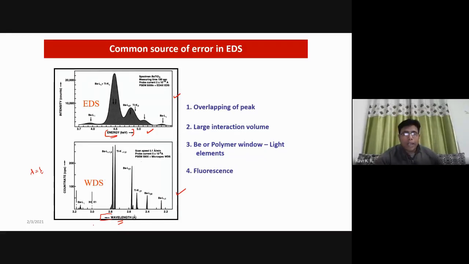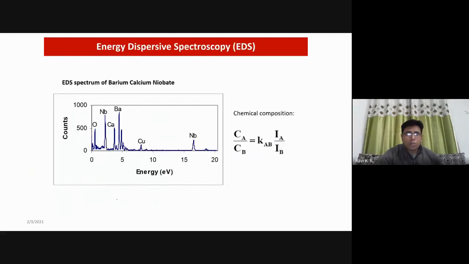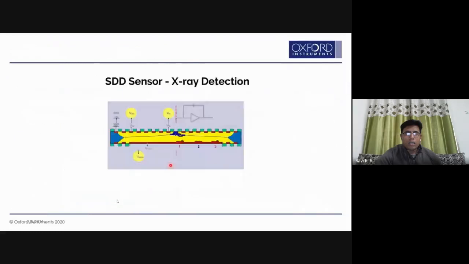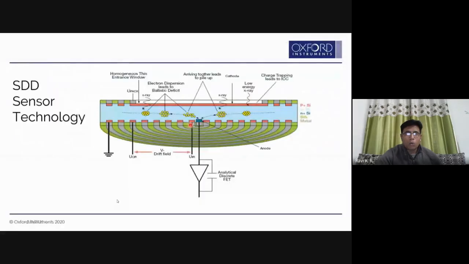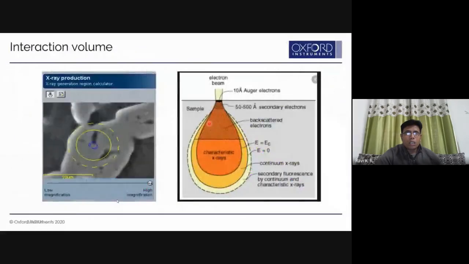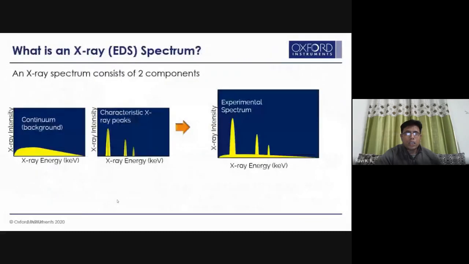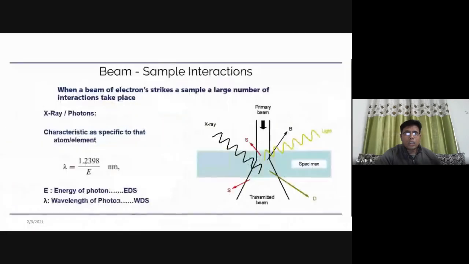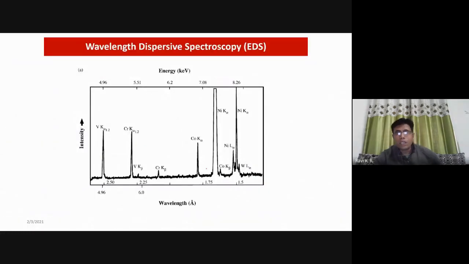This is 2.8, which means here also you can convert it. Hope I have some other one which shows both kV and the wavelength. You can see here. Okay, in EDS you have a pattern in both wavelength and kV.